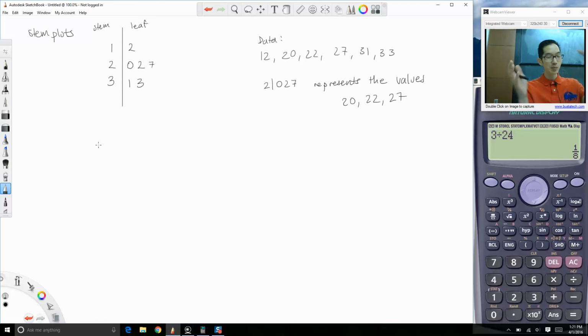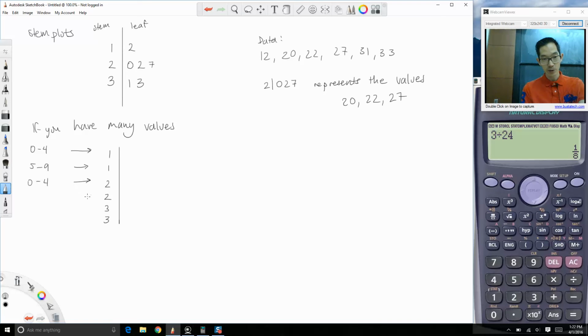Like you can double the width of your stems, so if you have lots of values, you can create two rows per stem, and this one only goes 0 to 4, and this one goes from 5 to 9, and again 0 to 4 for the first, and the second would have the values 5 through 9.